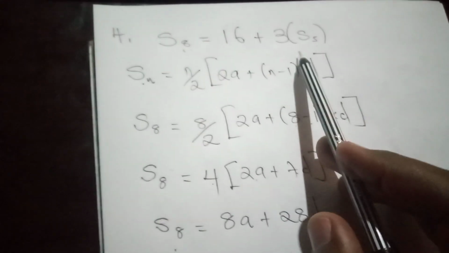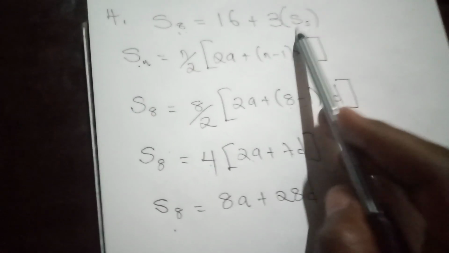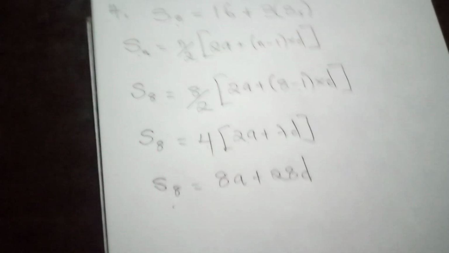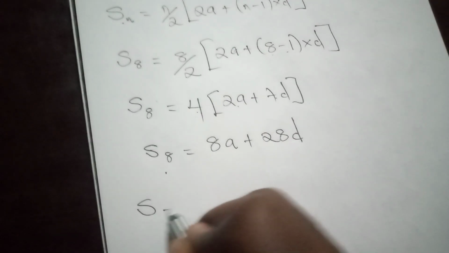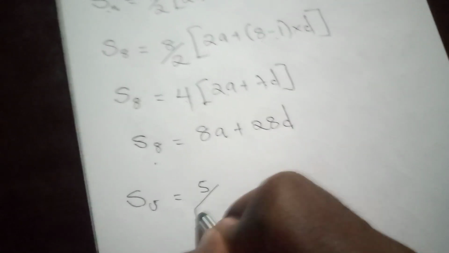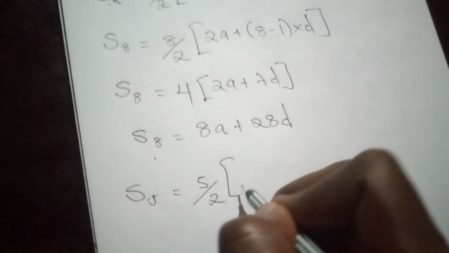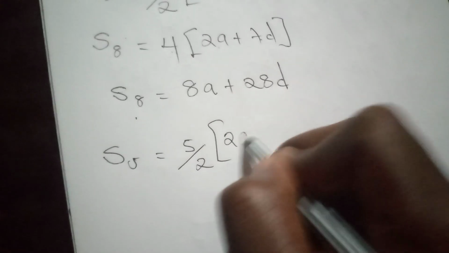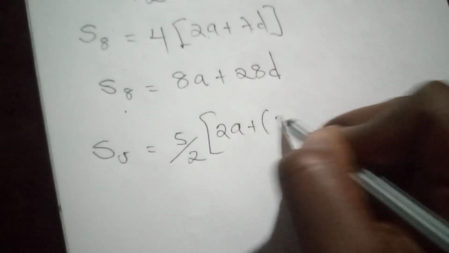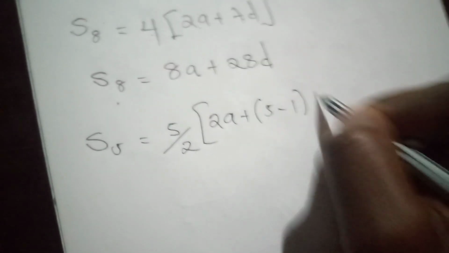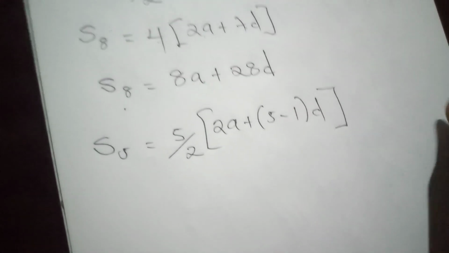Now what about the sum of 5 terms? I have to find the sum of 5 terms. So the sum of 5 terms is equal to 5 over 2, open brackets, 2a plus 5 minus 1 times the common difference.